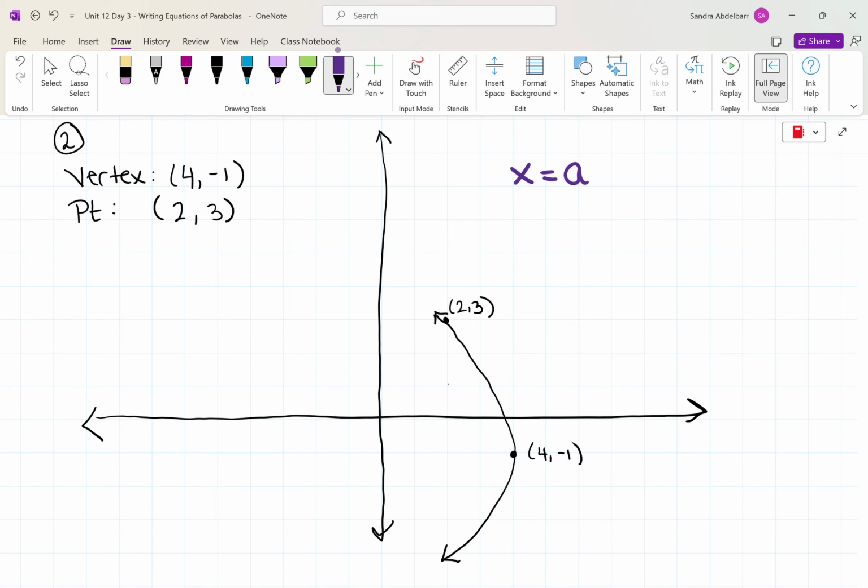Arav. X equals a times y minus k squared plus h. Perfect. Plus h. Well, do we agree right now my h is 4, my k is -1?